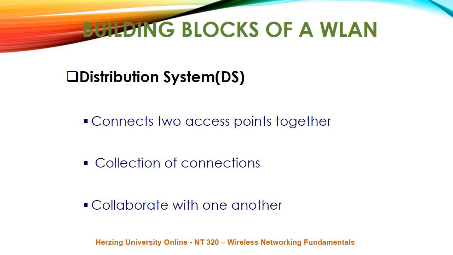In most cases, our access points connect to an Ethernet network, and when they do, the Ethernet, which is the physical cabling, is the distribution system medium. The distribution system is a collection of connections and possibly routers and all the different things that allow stations to communicate and collaborate with other stations.